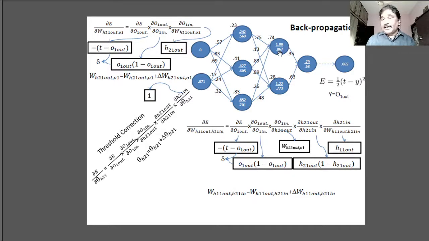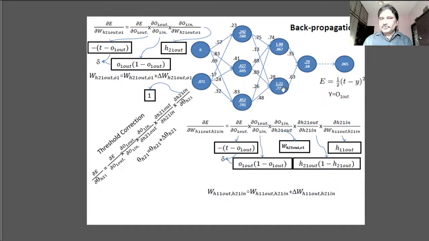But what if there is more than one weight, more than one connection coming at the neuron? Okay, so in that case what you have to do, you know the delta value here, you know the delta value here, and you know the delta value here.